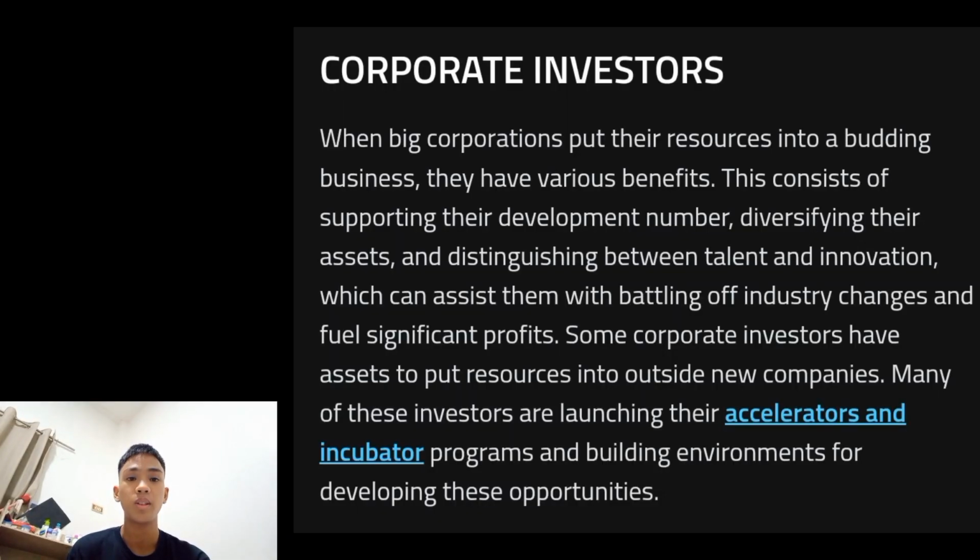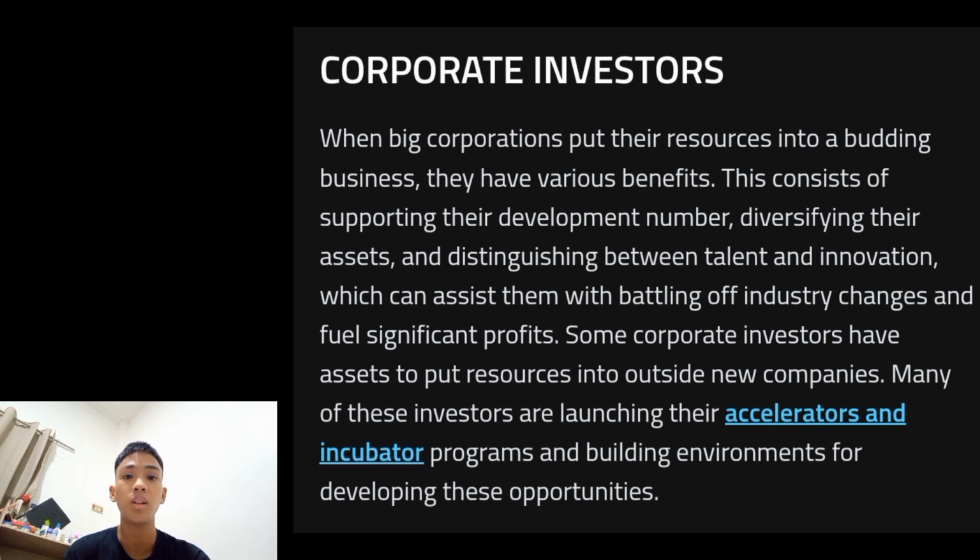Corporate investors. When big corporations put their resources into a budding business, they have various benefits. This consists of supporting their growing numbers, diversifying their assets, and distinguishing talent and innovation, which can assist them with battling off industry changes and fuel significant profits.